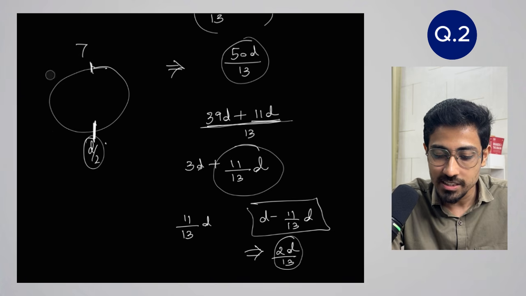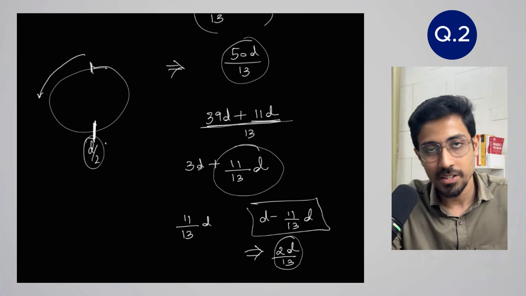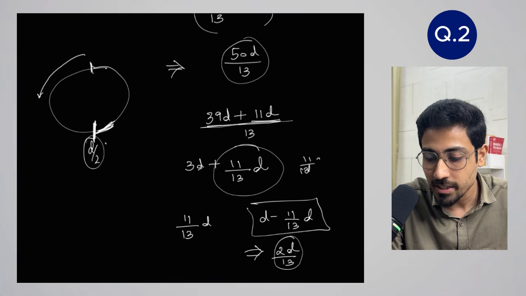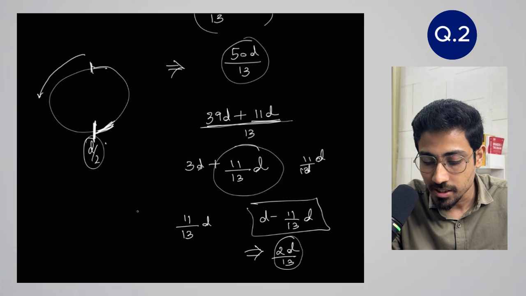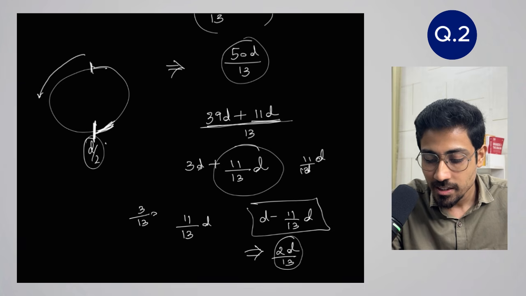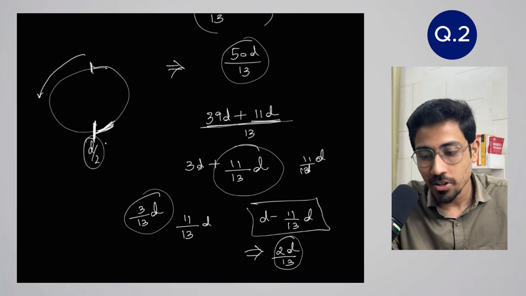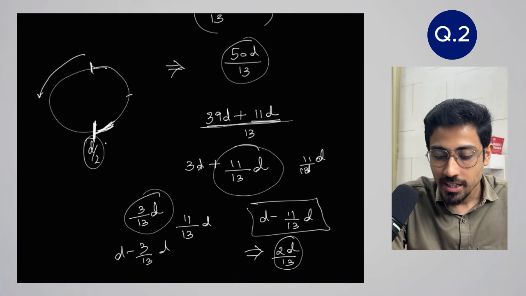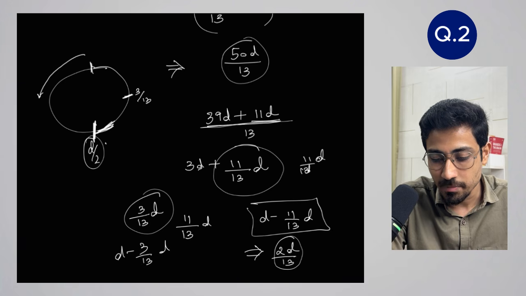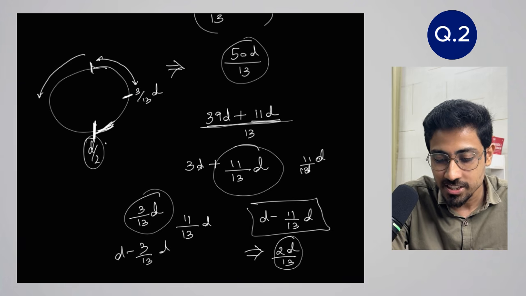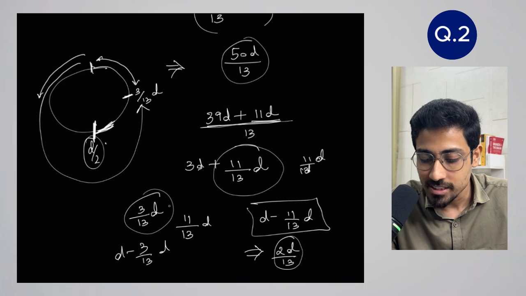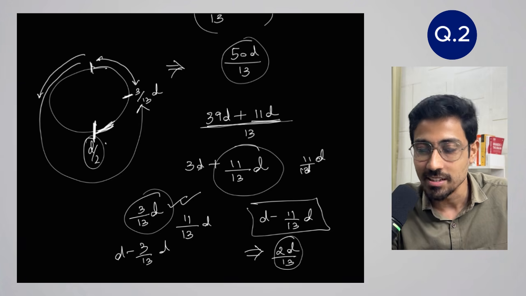But if it is less than d by 2, suppose 3 by 13d instead of 11 by 13d, then we should not have done this subtraction, because the point would lie closer in this direction. Then the distance from the starting point would have been still 3 by 13d.